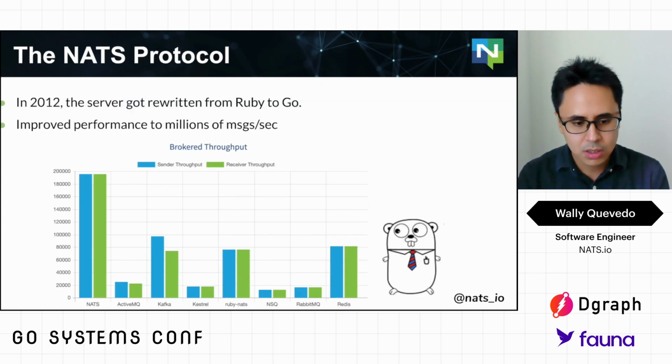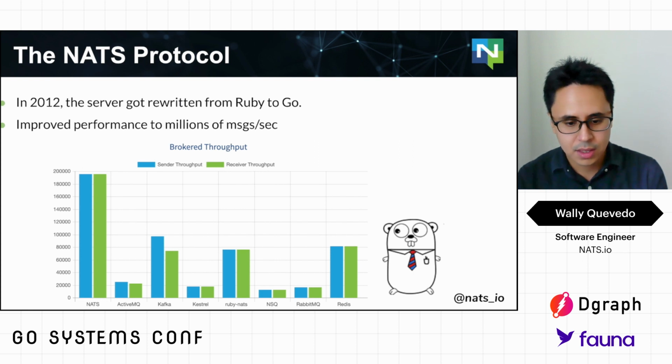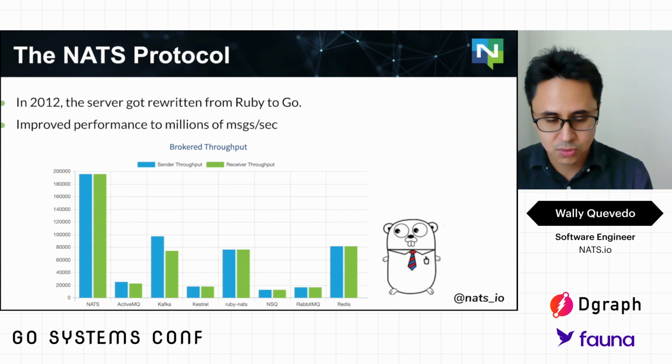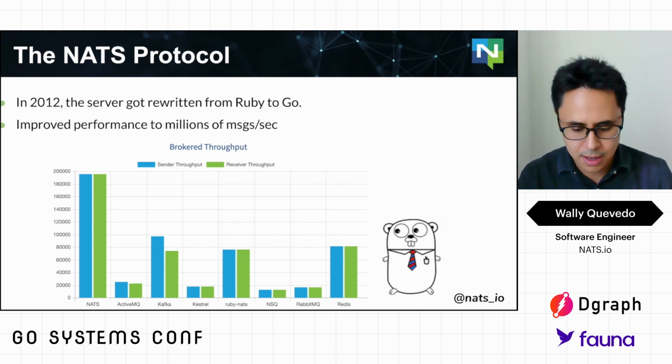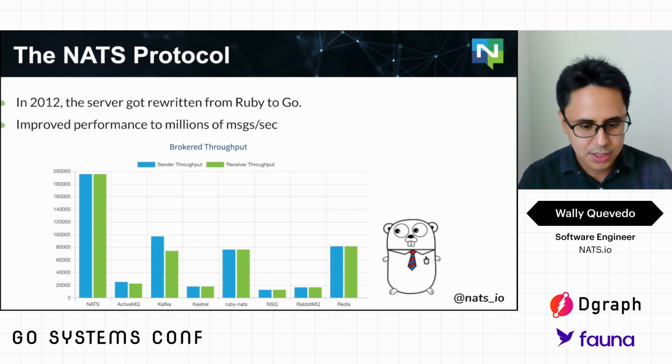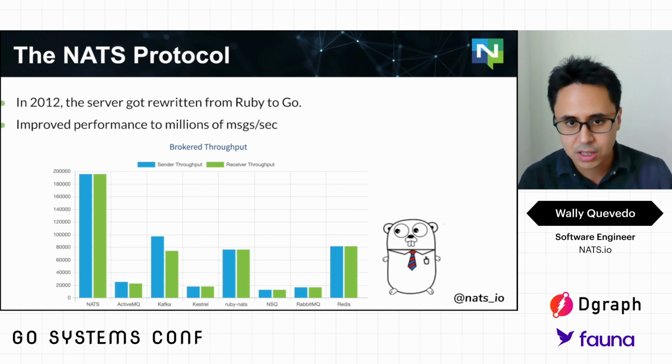The NATS protocol got rewritten from Ruby into Go in 2012. That's one of the reasons we're at this conference. Derek Collison, who created the NATS project, has talked previously at GopherCon about some of the techniques he implemented to make the server very, very fast.